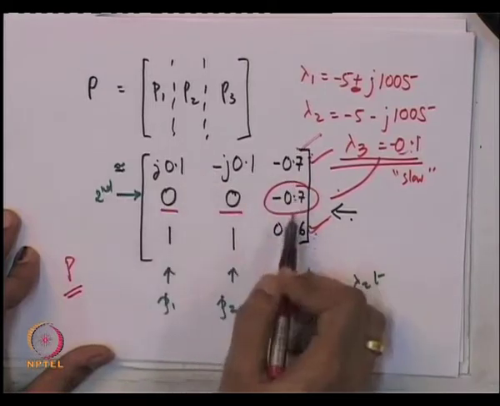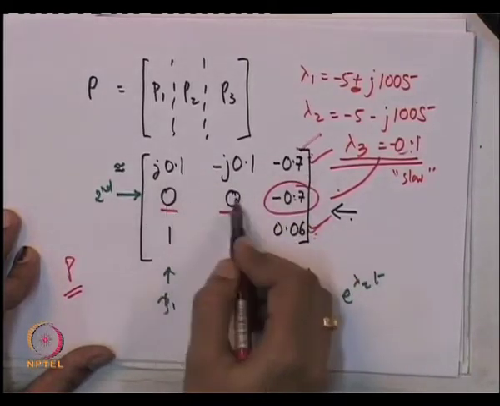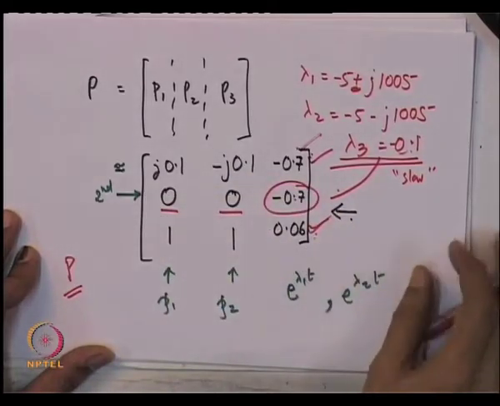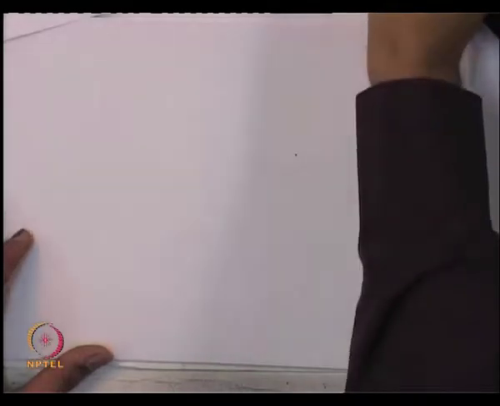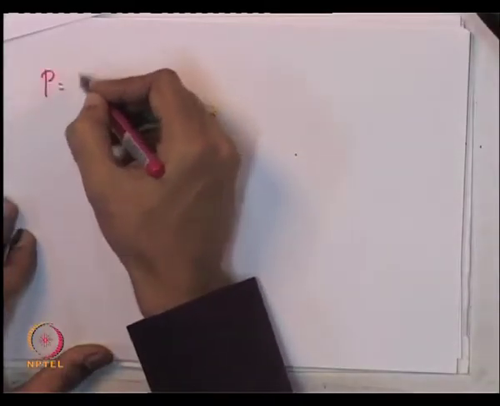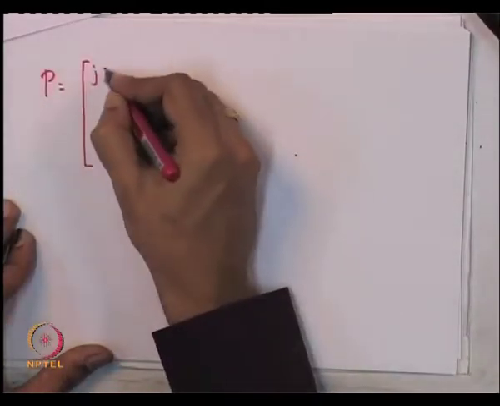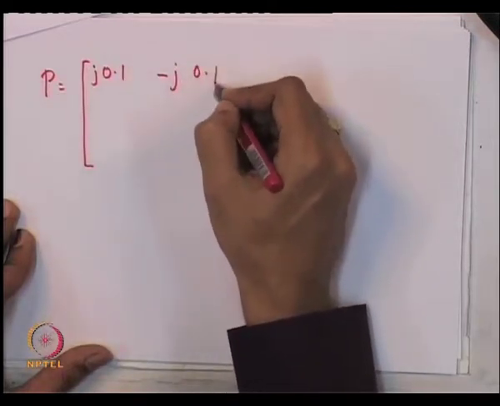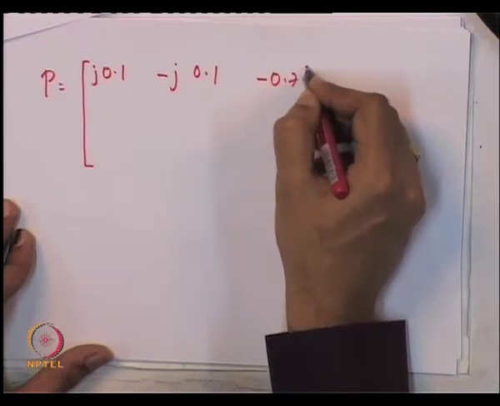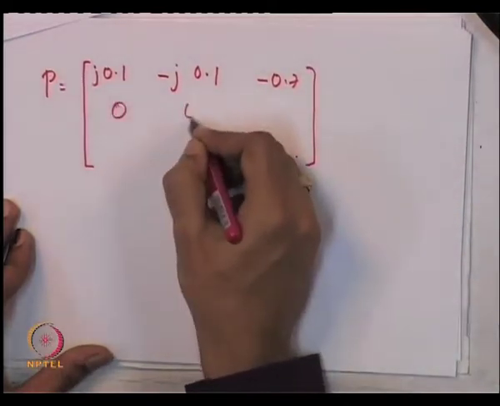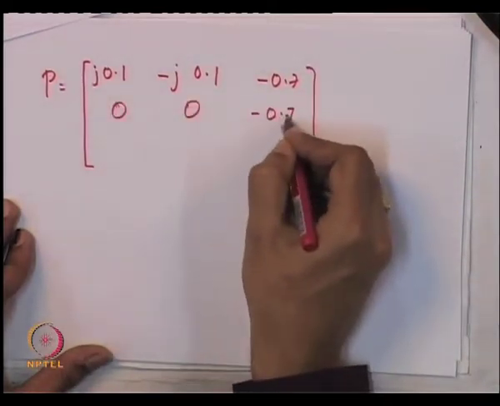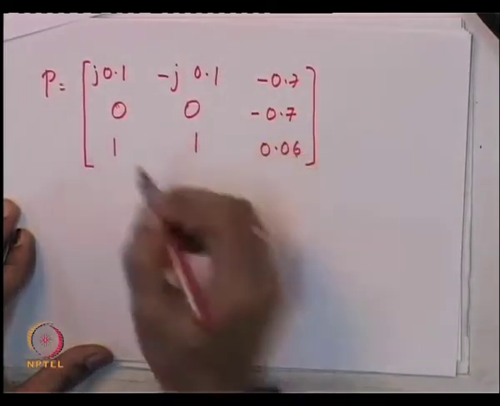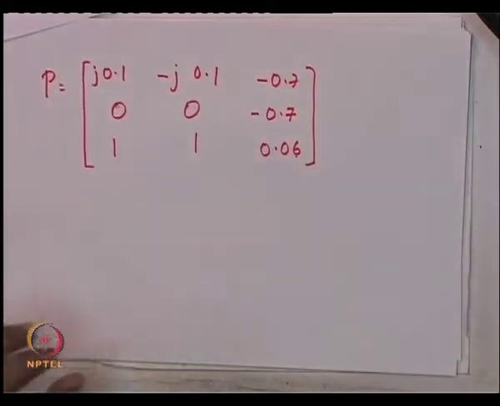So, I just rounded it off, so this is approximately 0, and this is what we get as P. So, P is, I will just rewrite it, now, what is P inverse?